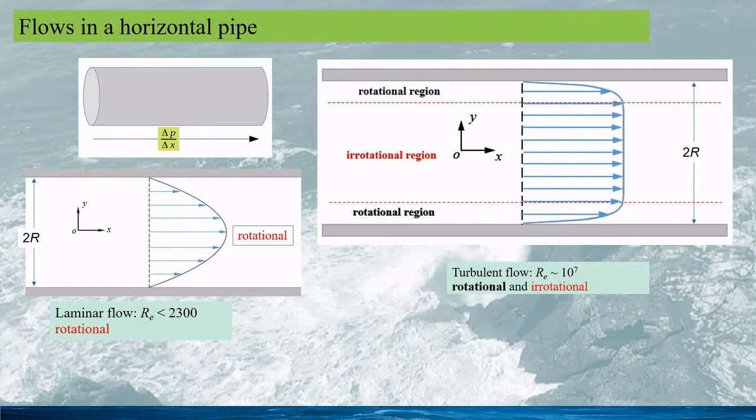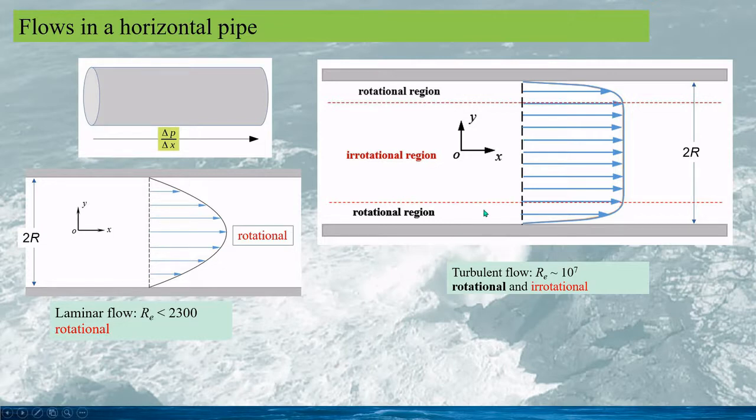However, when the Reynolds number is increased, say to 10 million, the flow in the pipe is fully turbulent, and the fluid velocity profile is something like this. As such, a large portion of the flow is irrotational.